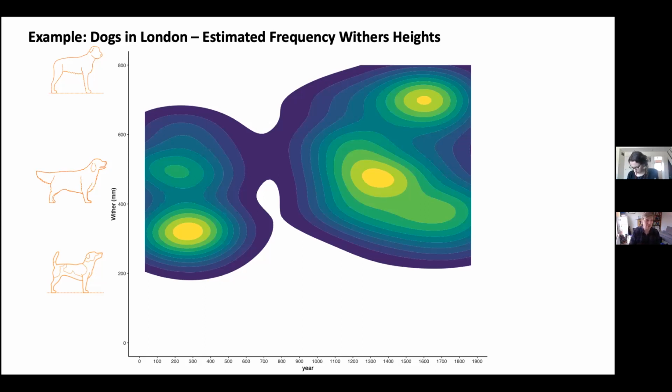because our data is really messy as archaeologists. One of the great things about this is it nicely shows that in the Roman period, we've got two different almost size groupings of dogs. The Anglo-Saxon period is, of course, very difficult. The early medieval period, we've got hardly any data.